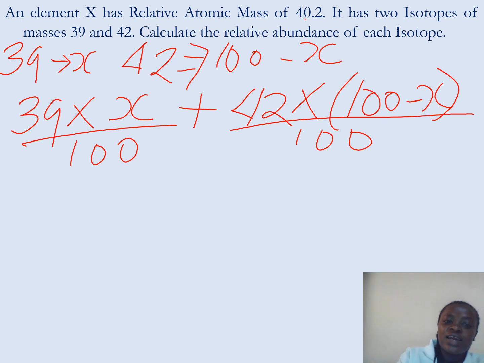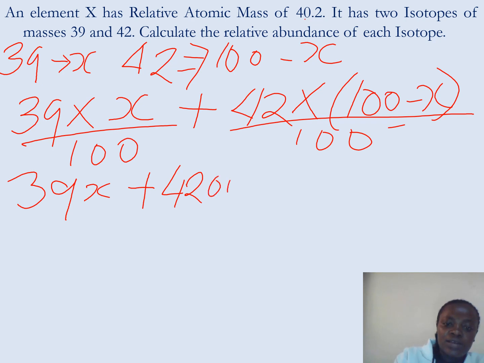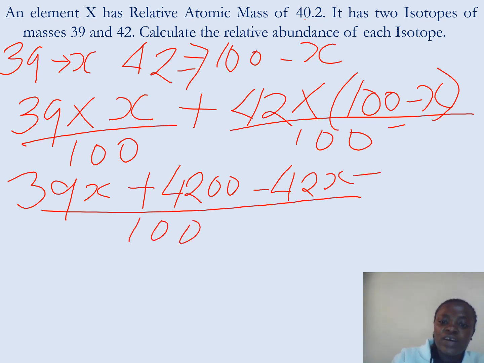So we have 39X plus 4200 minus 42X over 100. This should give us a relative atomic mass of 40.2.